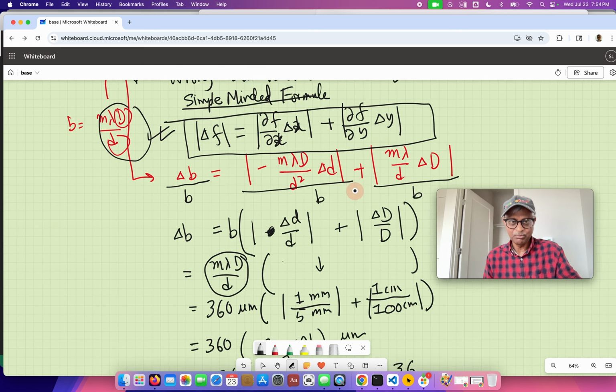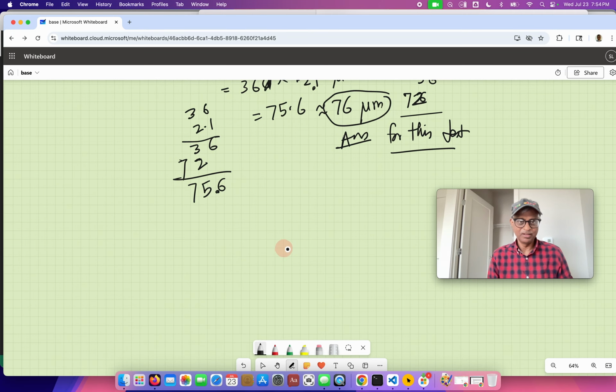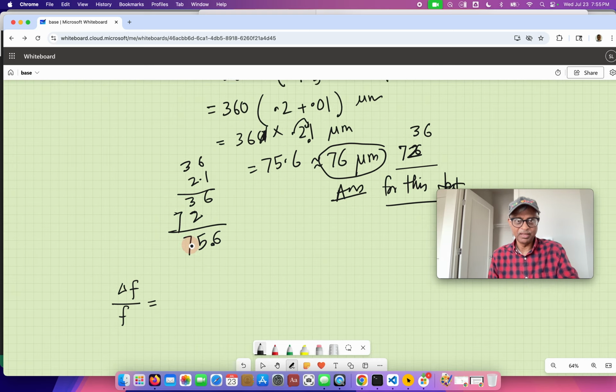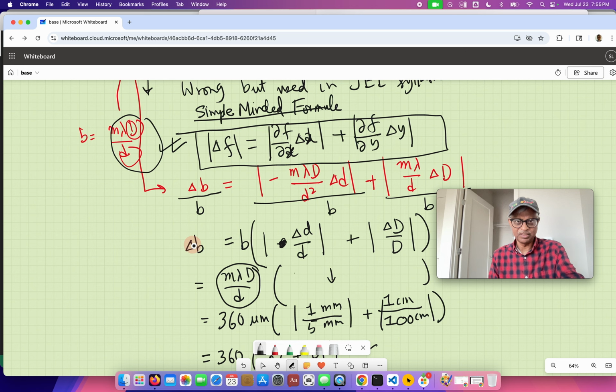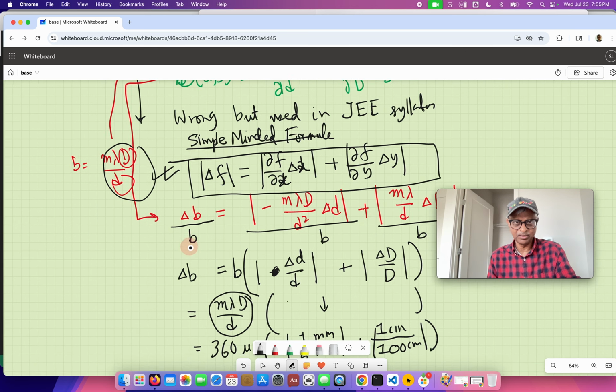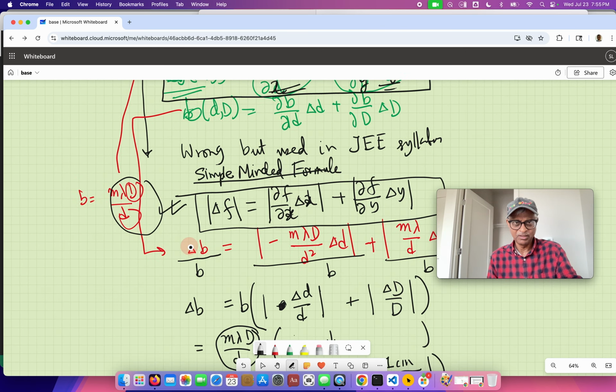When you make those assumptions, if you just look at the fractional error, so divide by f all through, just like we did divide by b all through, let's look at that quantity.